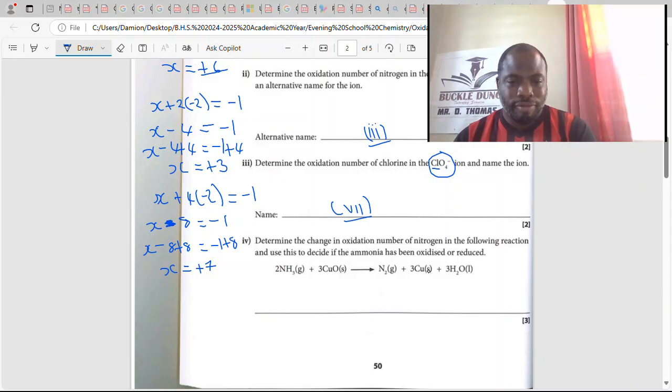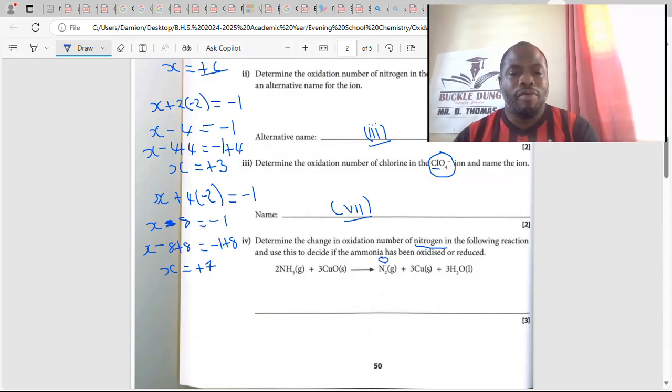Just remember we don't have to deal with everybody, because the question really just focuses on the nitrogen. So let's focus on the nitrogen. We can start by dealing with the easier one. What is the oxidation number for this, and why? 0. Why? Because it's not bonded to any other element.